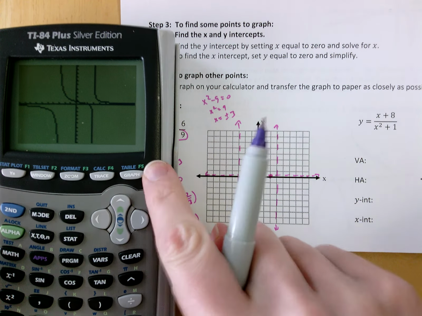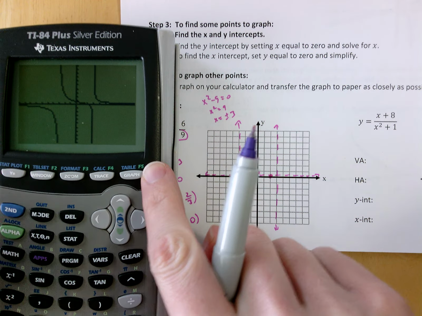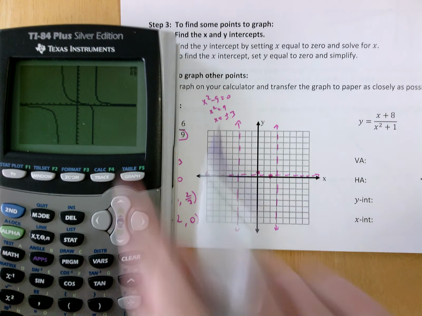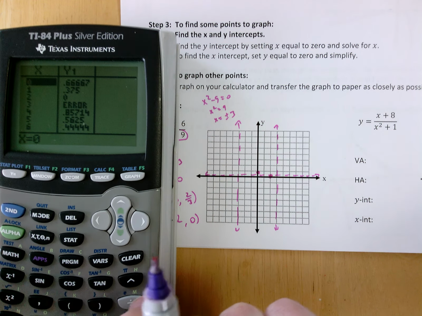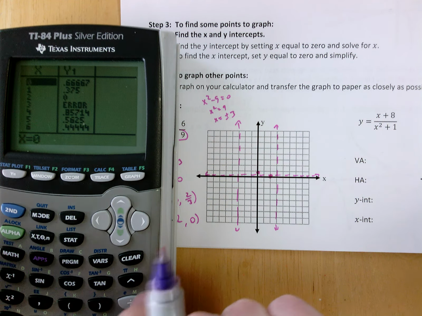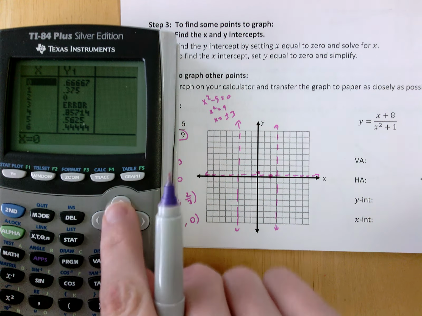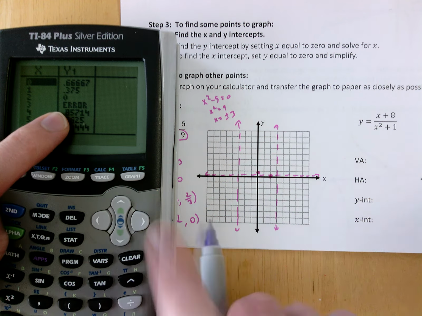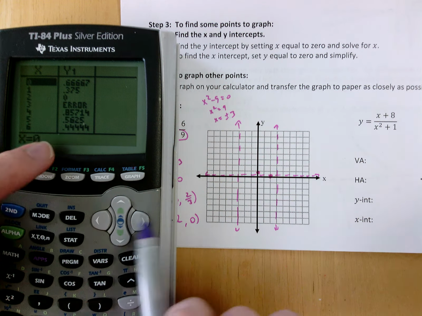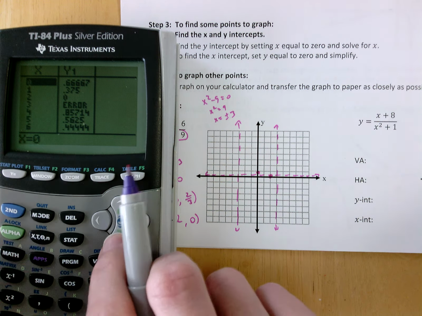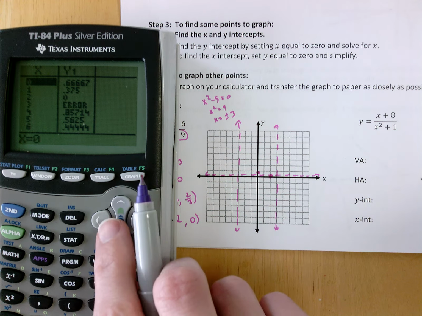Okay, and we're going to use our table, which is not something we've done a lot of. If you hit second and then the graph button, it's going to bring you to a table of values. This is going to help you out a little bit as you go to plot some points. You can see an error there where our asymptote was at 3. What I look for is any whole numbers, or anytime you move between two whole numbers.